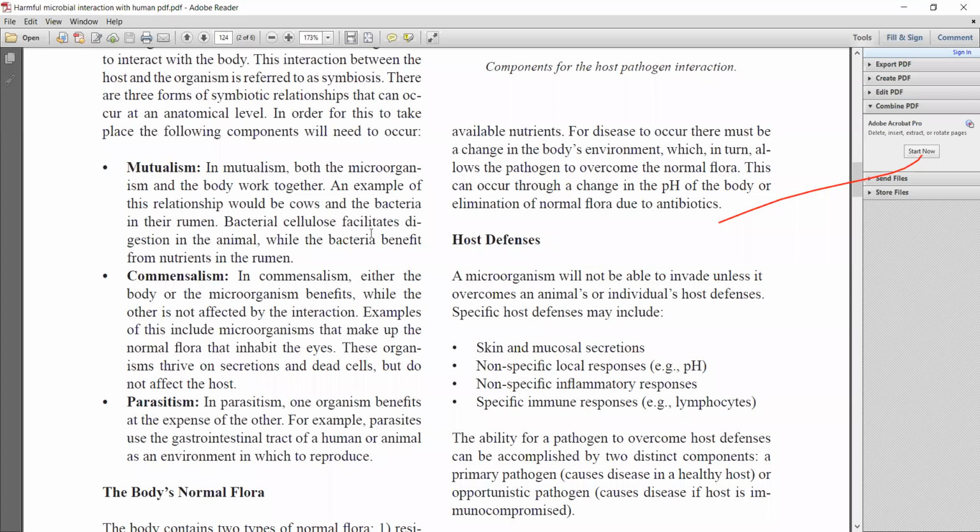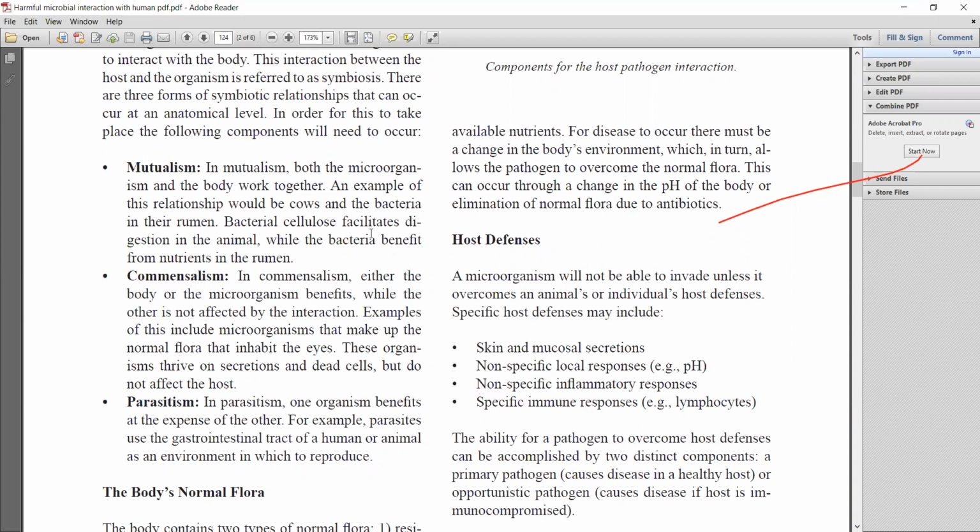Thirdly is parasitism. In parasitism, one organism benefits at the expense of the other. When you say at the expense, that means the other one is getting harmed for it. For example, parasites use the gastrointestinal tract of a human or animal as an environment in which to reproduce.